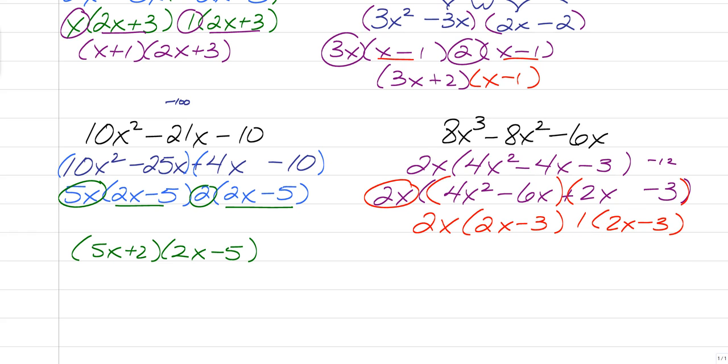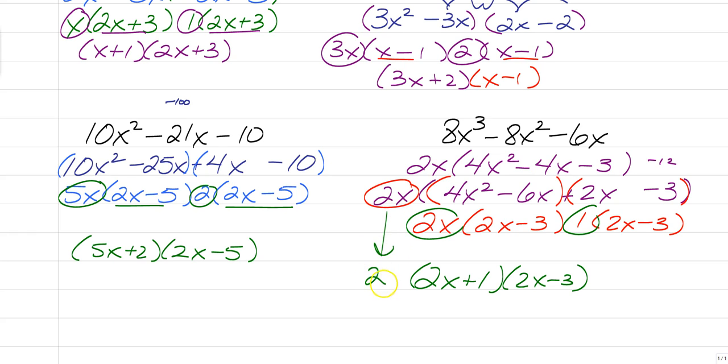You cannot just forget about him and say they have no GCF. Take these two, put them together to make a term. You have 2x plus 1, and you still have your 2x minus 3, but do not forget about that GCF of 2x that we took out at the beginning. And you can just do a quick little multiply in your head. x times x is x squared times another x is x cubed, and that's where we started.